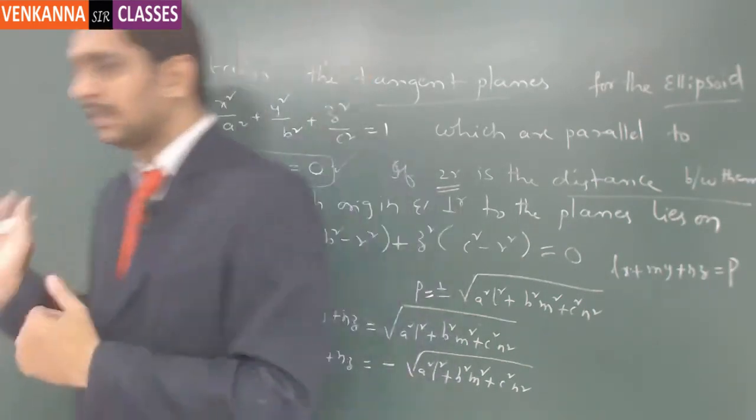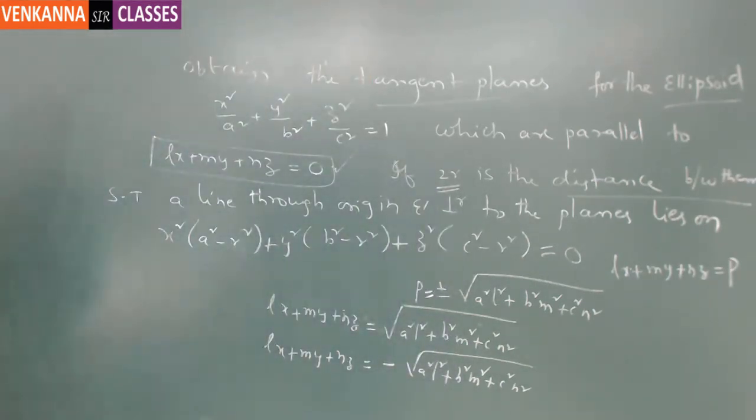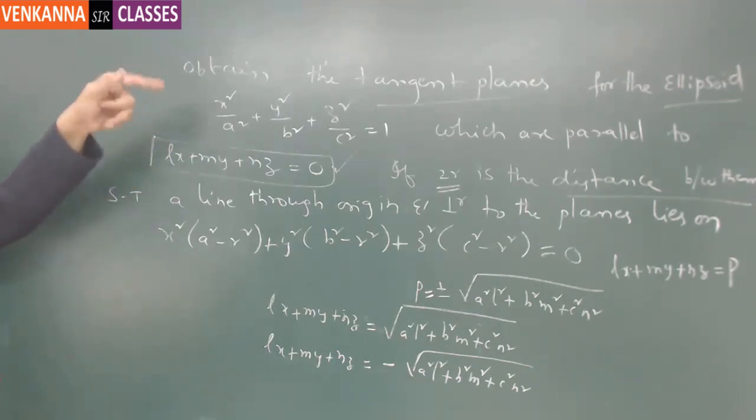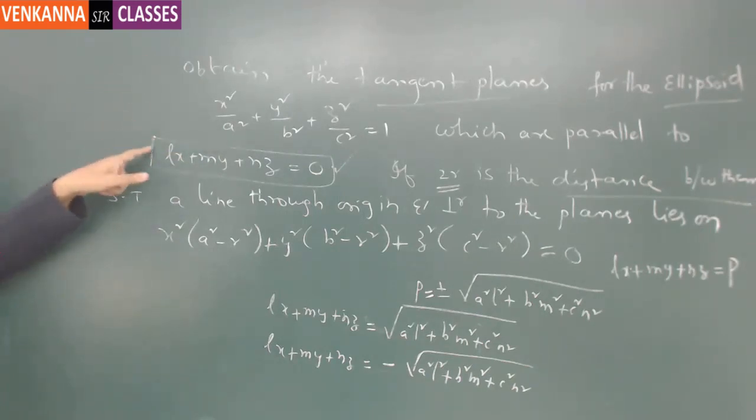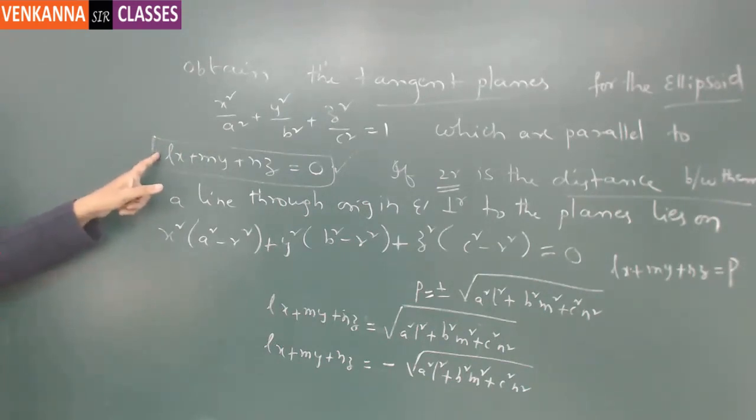That's why I am writing like that. Yes, the regular one, that also I agree. Even if you take the other one, you are going to write it as xx1 by a square plus yy1 by b square plus zz1 by c square is equal to 1. If you take that, that is the tangent plane, and you have to show that it is parallel to this one. How are you going to show that? You need to do a small modification on this, isn't it?